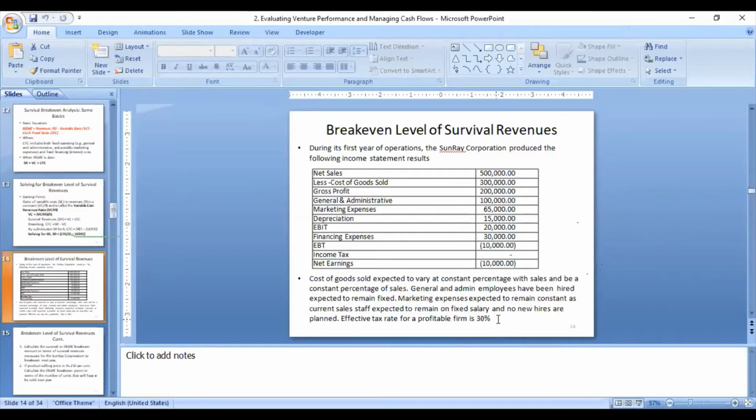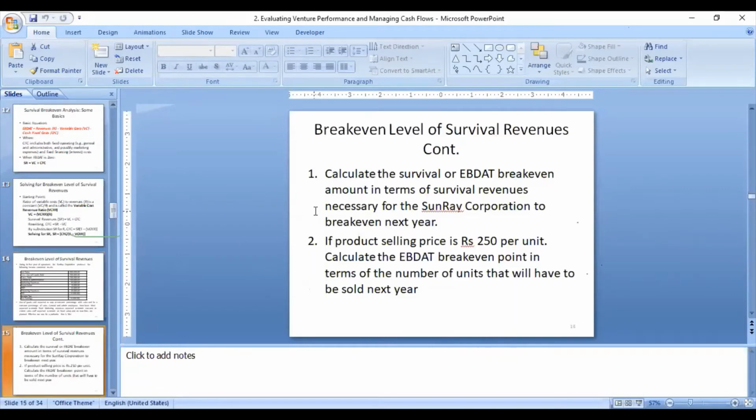So now, using this income statement information and this additional explanation, calculate the survival break-even point. Using that equation, you calculate the survival break-even amount in terms of survival revenue, that is actually necessary for this Sunray operation to break even in the next year.